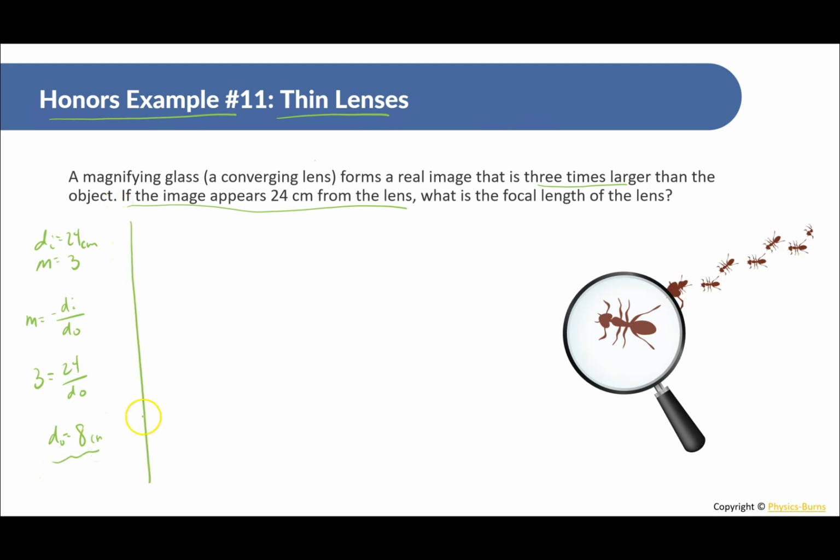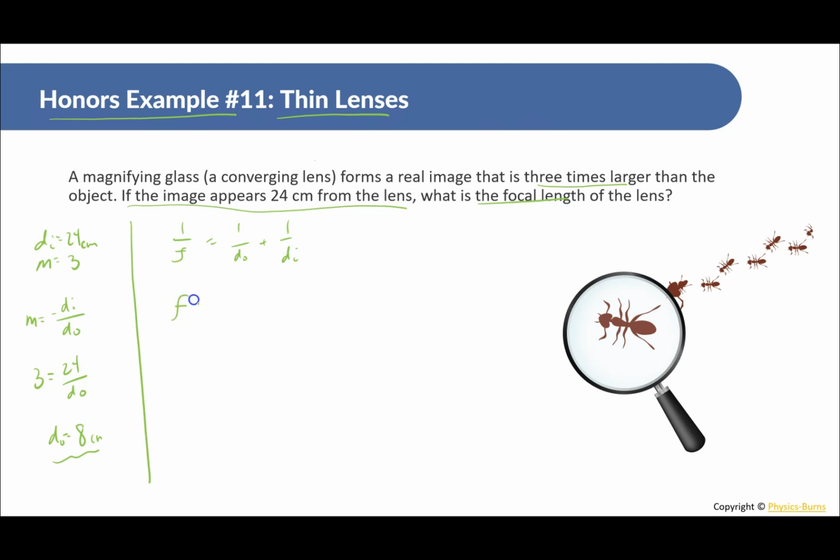Great. So now that we found the distance of object, this should be able to help us with a few things. We should know that 1 over the focal length, and that is what we're looking for, right? The focal length is equal to 1 over distance of object plus 1 over distance of image.